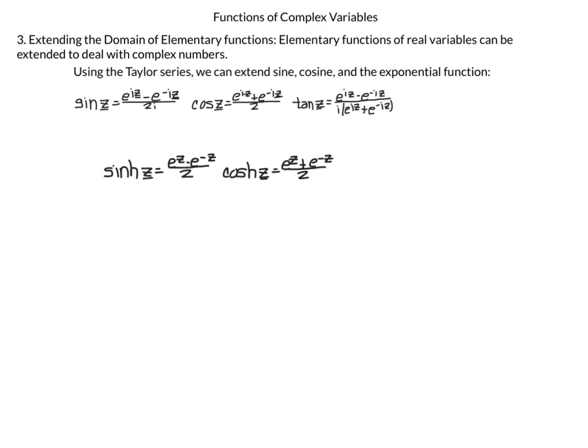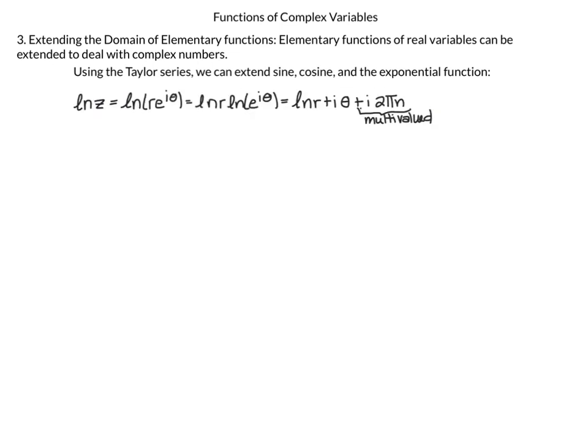But now we're going to put in z instead. These two formulas will be useful later when we're calculating residues to do integrals. The sinh and cosh formulas are also convenient later for residues and integrals. But that's later.